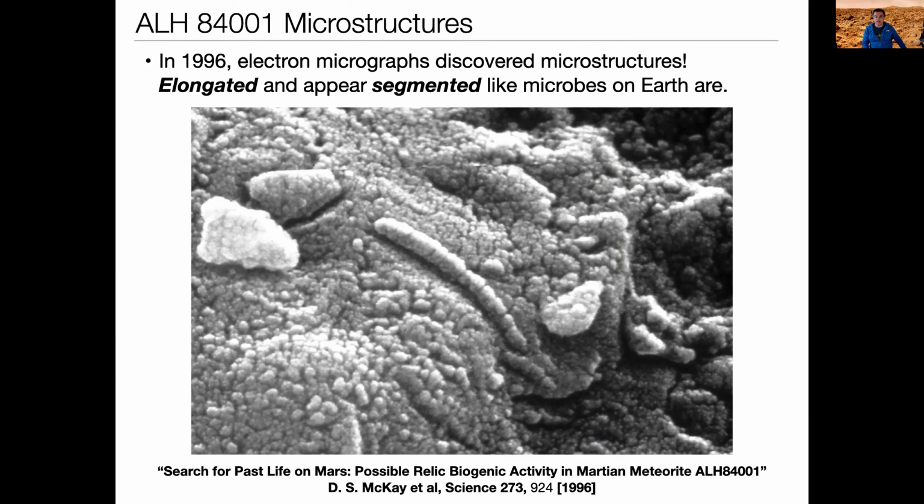And so the supposition is this came from Mars. This structure, whatever it is, is a fossilized structure. And so maybe it's a fossilized Martian microbe from the ancient history of Mars. Okay, that would be remarkable if it was. It would be the first evidence of life from somewhere else in the solar system.